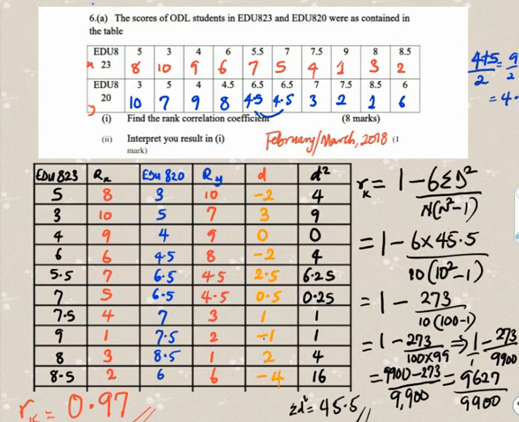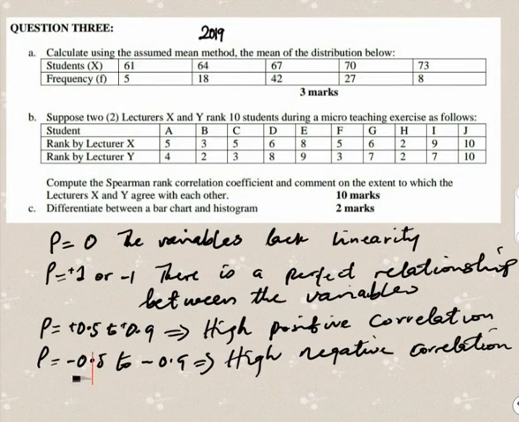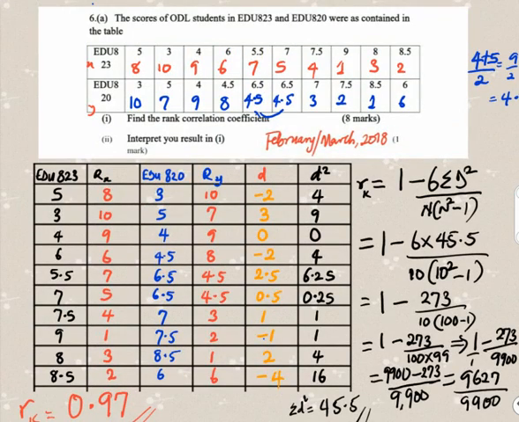And from what we stated here, if we have the rank coefficient to be from 0.5 to 0.9, we have high positive correlation. So it means there is high positive correlation between EDU823 and EDU820.